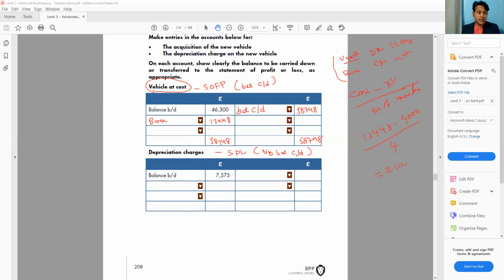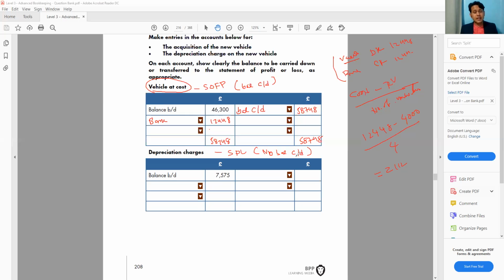If anything is relevant to your income statement, then you do not calculate the balance CD or BD. If something is relevant to the statement of financial position, only then do you calculate the balance CD and BD, because anything relevant to the balance sheet will move forward from one year to another.